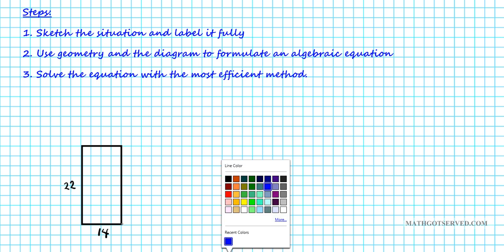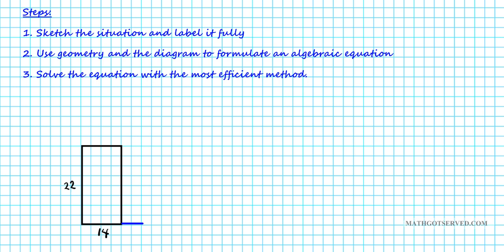Let me use blue. So let's say we increase it by x. We increase the width by x units. So what does that mean? We're going to also have to increase the height by x units. And then we have a bigger rectangle right here. So in this case, this entire rectangle is expected to have an area that does not exceed 800.